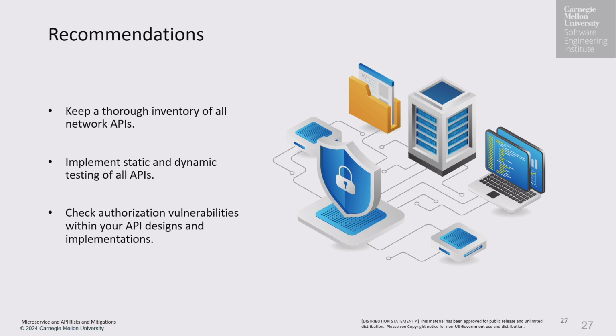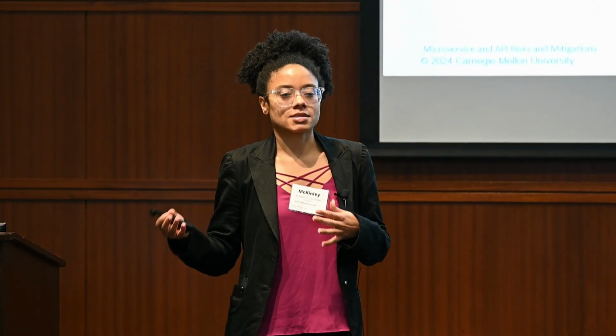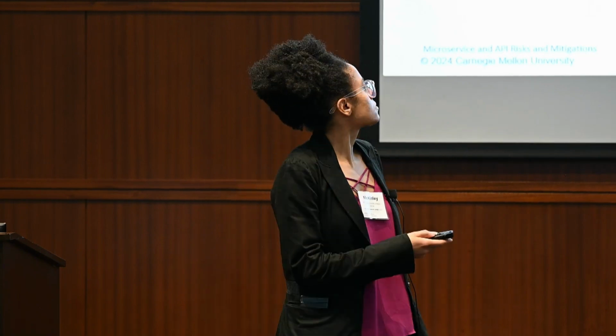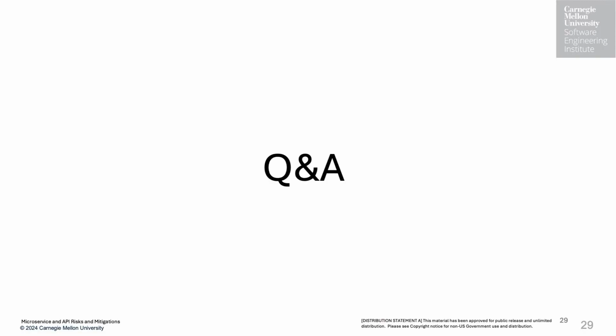Also implement static and dynamic testing of all of your APIs, and check authorization vulnerabilities, because, like I said, APIs are kind of the middleman between the backend and the users, and they're there to help make sure that only the information that the users should be accessing are accessible. Yeah, that's it.